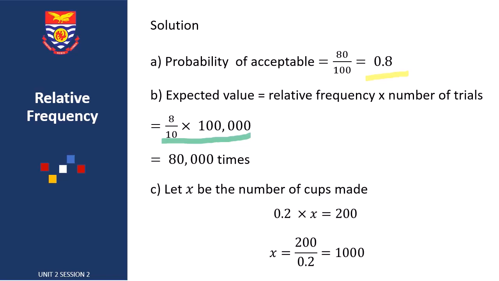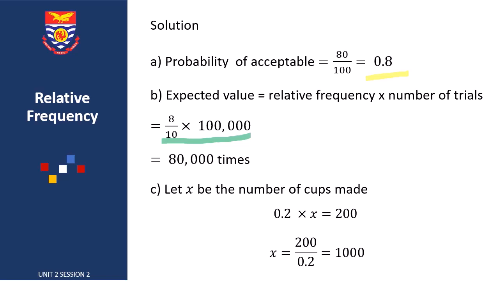Multiplying the relative frequency of unacceptable cups by the number of cups made will give us the total number of unacceptable cups. But in this case, we are given the total number of unacceptable cups. So how many cups were made before getting 200 as unacceptable?